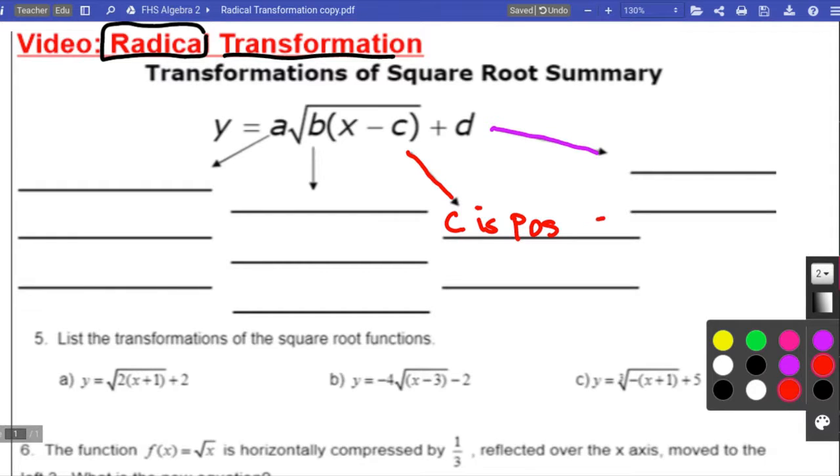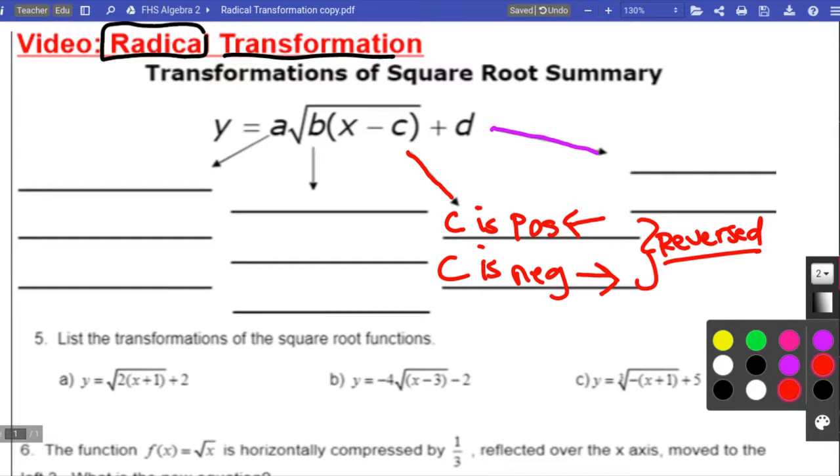No, wrong. It needs to go to the left. It's kind of like a reverse mindset. And if C is negative, then this is the one that goes to the right. All right, so I would say reverse mindset.